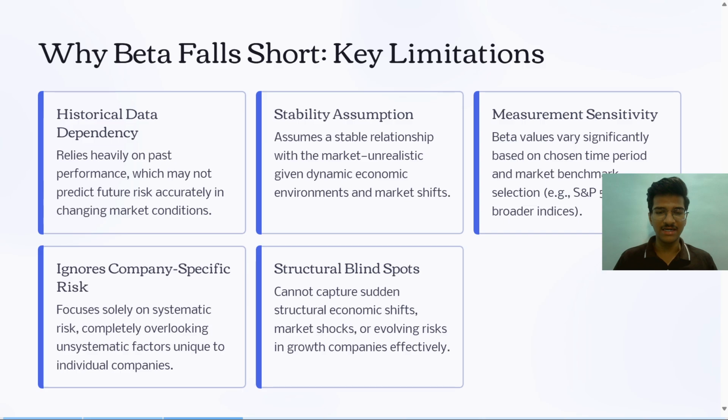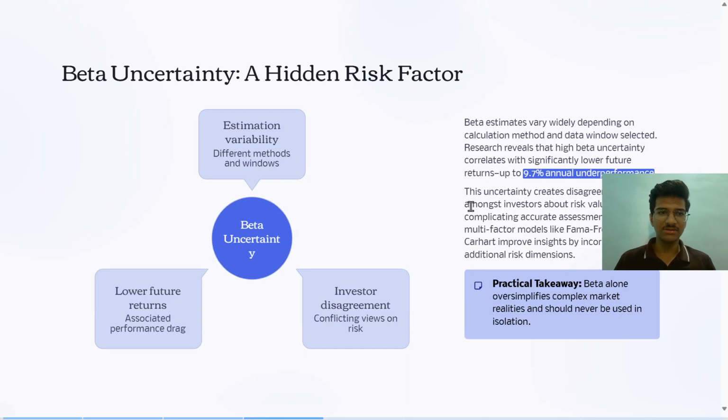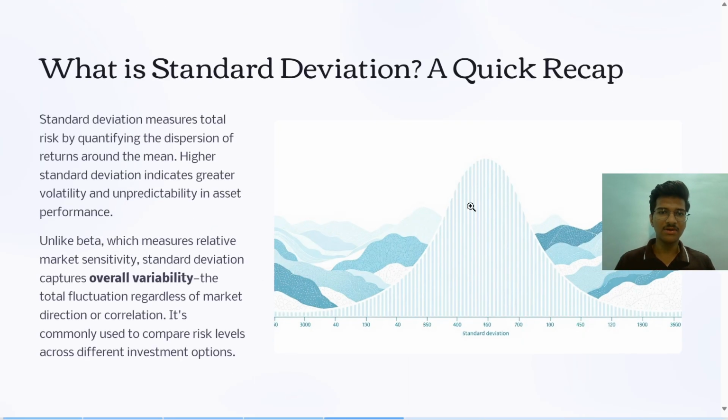Millions of investors who had made assumptions based on beta could not have humanly calculated any sort of epidemic like COVID. That was a big learning lesson, and it is a prime example of the limitation of beta. So let's talk about standard deviation. So what is standard deviation?